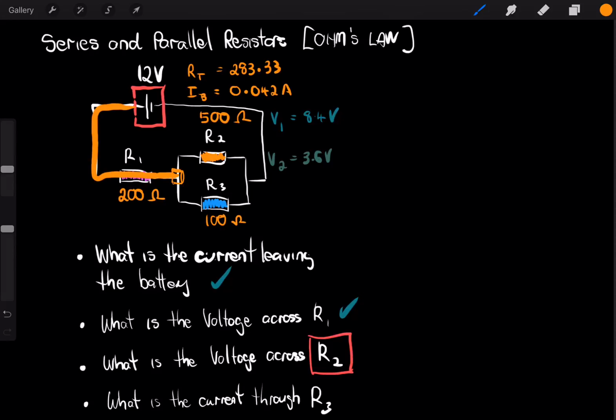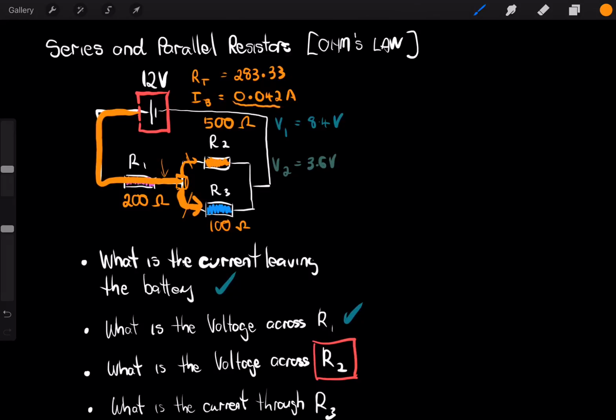So whatever current's going in, some will go this way and some will go this way. And in fact, more will go this way because there's less resistance this way. However, the currents in these two branches must add up to whatever current was feeding that branch, which is 0.042 amps.